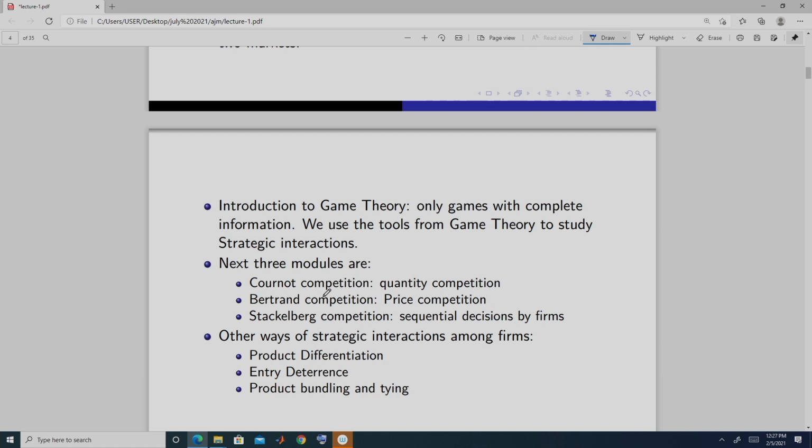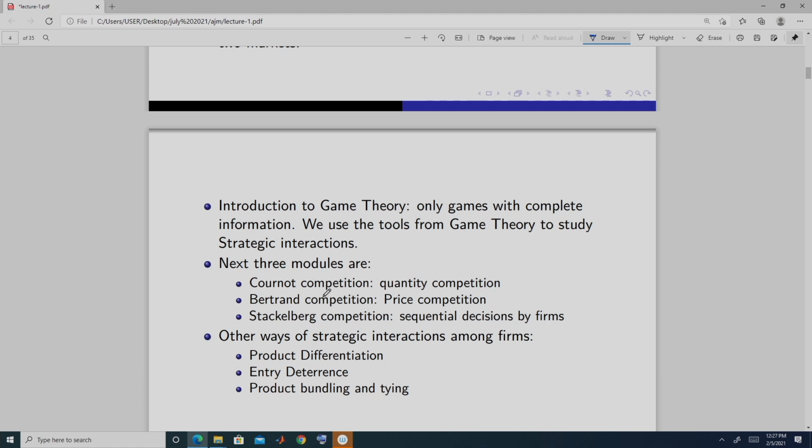Next, in Stackelberg competition, we actually change the way decisions are made by the firm. In the above two markets, Cournot and Bertrand, the decisions are taken simultaneously. But in this form of market, that is Stackelberg, decisions are taken sequentially.